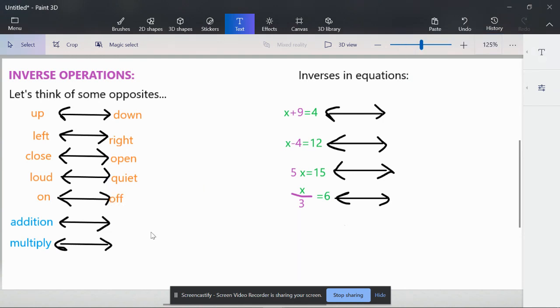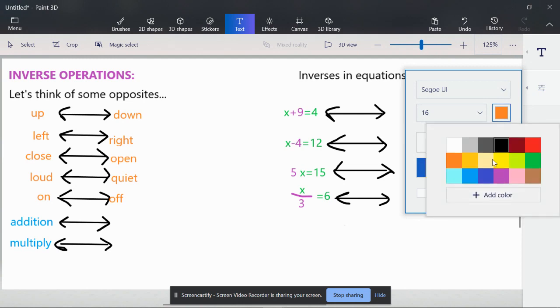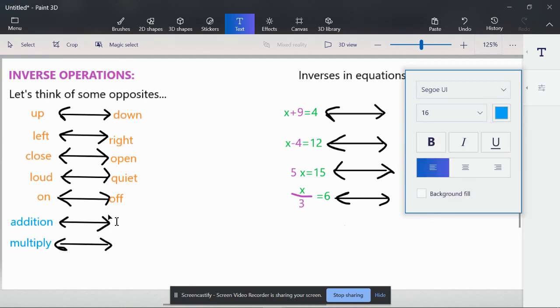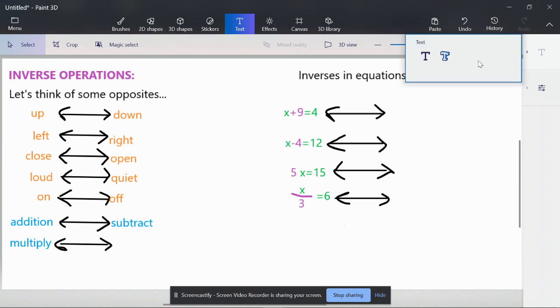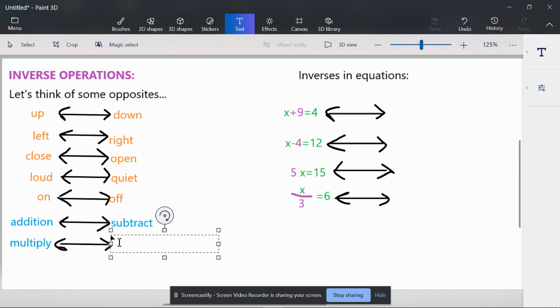And then when we think about some of our math words, the opposite of adding something would be taking away or subtracting something. And when we're multiplying something, making it bigger quickly, the opposite of that would be to divide it or to split it into groups.